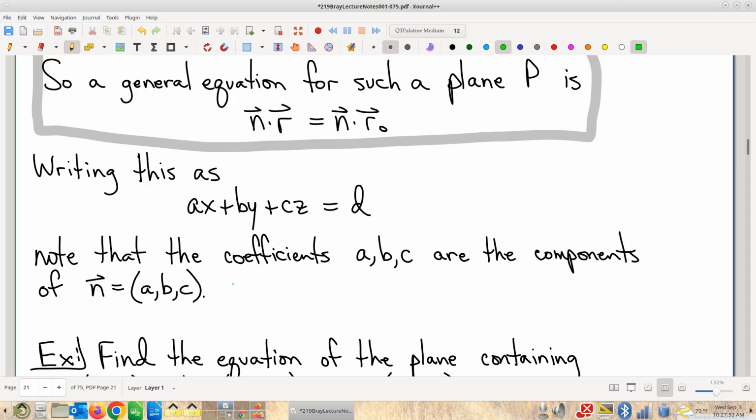And you can turn that around, and I think this is arguably the cooler trick. If somebody comes to you with an equation and says, here's the equation of my plane, then you can just peel off these coefficients and say, that's A comma B comma C, a vector that is perpendicular to that plane. Pretty sweet.